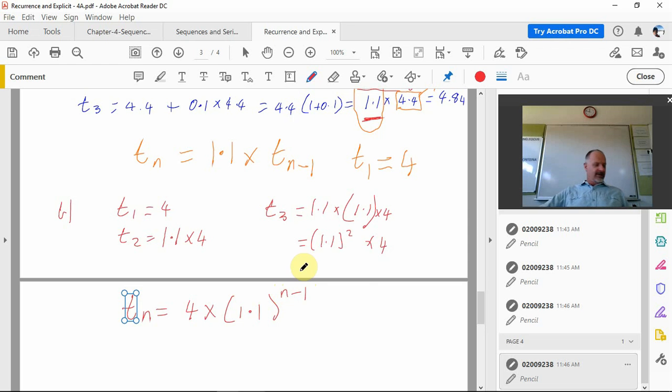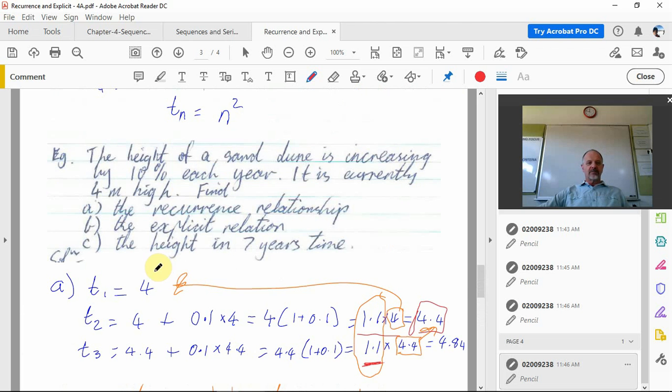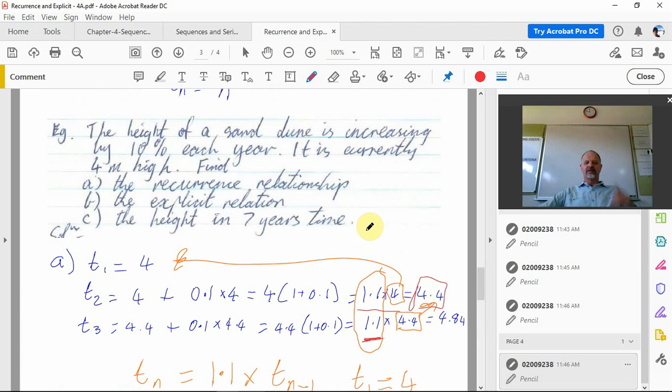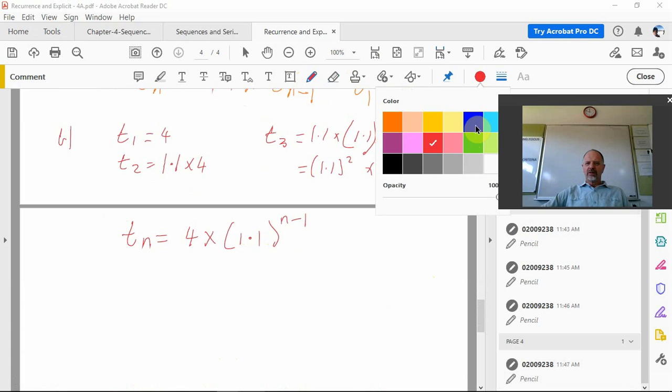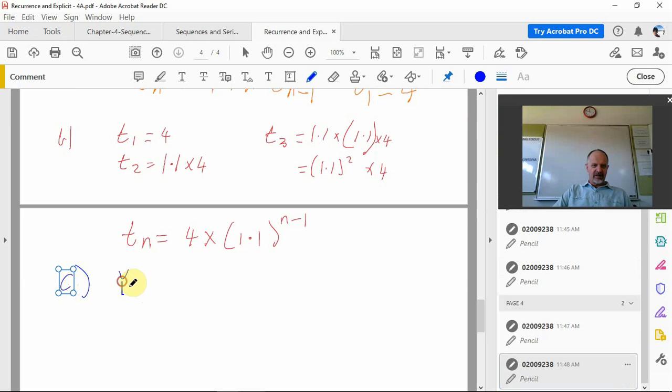All right, and then the height in 7 years' time. All right, so here's a little bit of a trick. It doesn't say in the 7th year, it says in 7 years' time. So I'll change my pen back to blue. If we're now here in year 1, then in 7 years' time, it'll be in year 8.